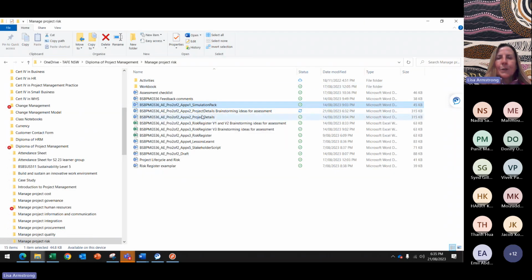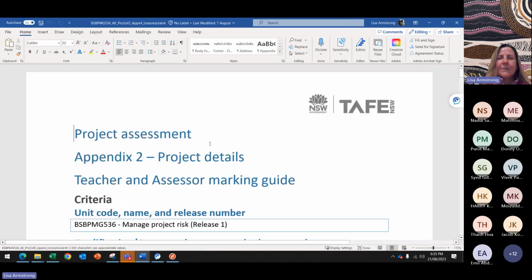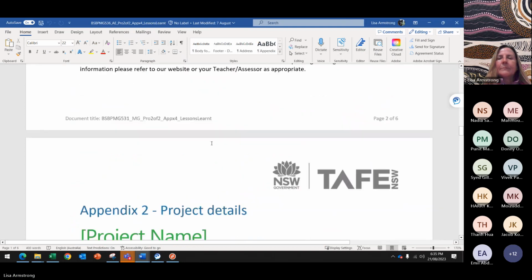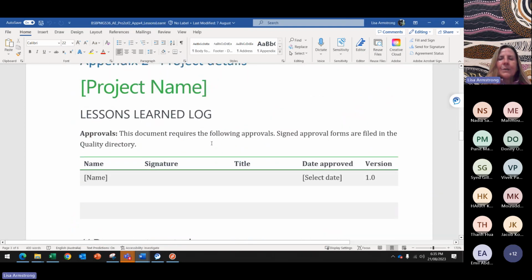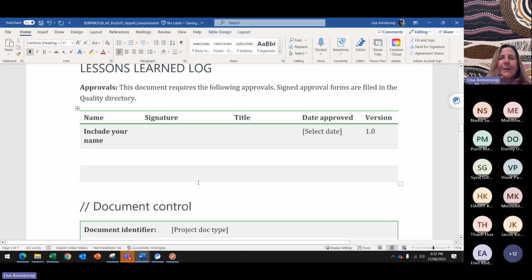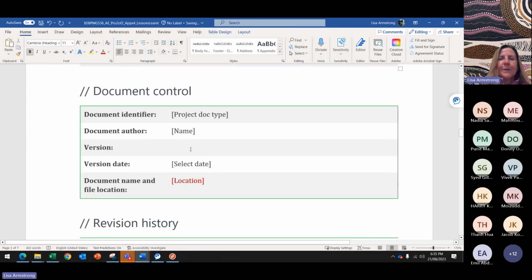Our lessons learned, appendix 4, guys, our CRM appendix 4. Lessons learned log. You can put your own name in there. Include your name. Again, your name.